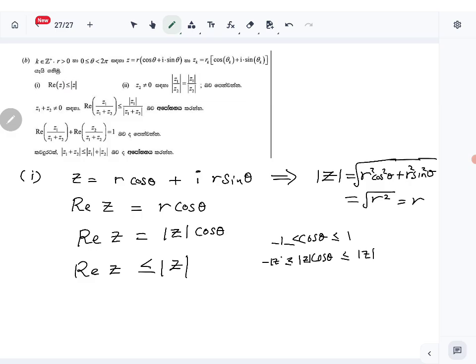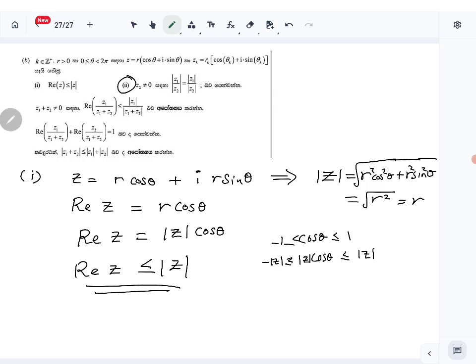This. So modulus Z cos theta is less than or equal to modulus Z. So using that we can get the first part of the question. Right. Then the next part.